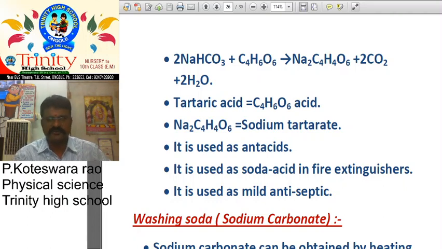Okay, listen. So on the left-hand side, how many hydrogen atoms are present? 6 plus 2 is 8. On the right side, 4 plus 2 is... 4 plus 4 is 8. So 8 hydrogens are completed.